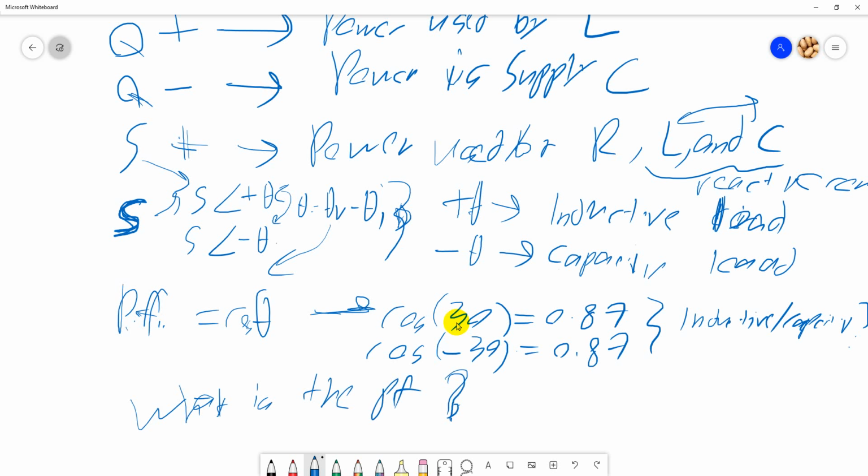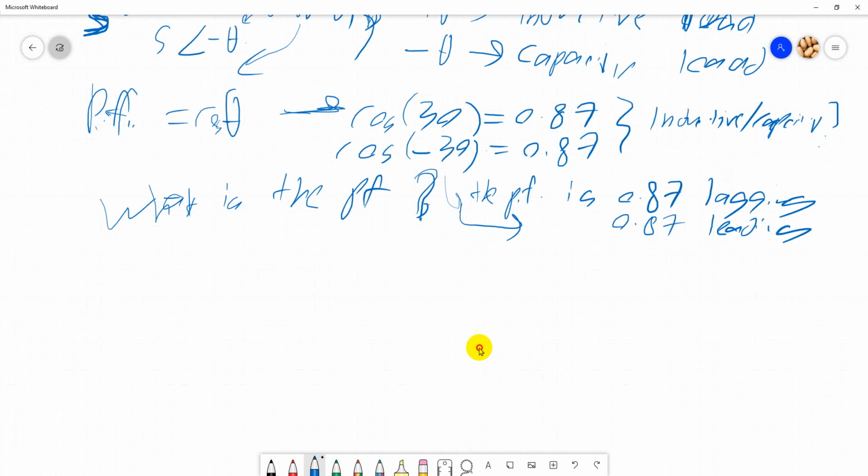You have to say the PF is 0.87 lagging, and if it is negative, the power factor is 0.87 leading.